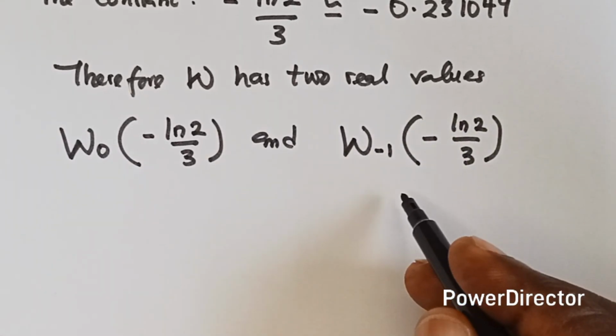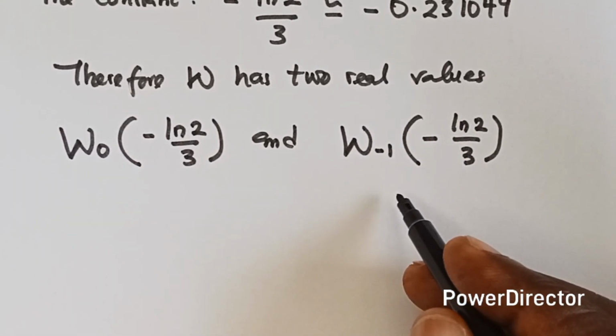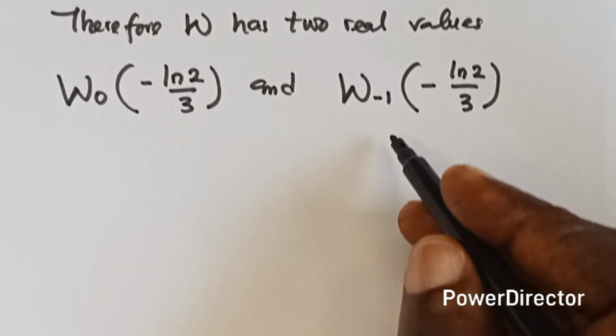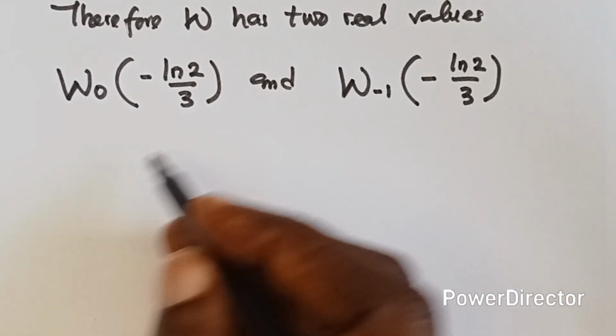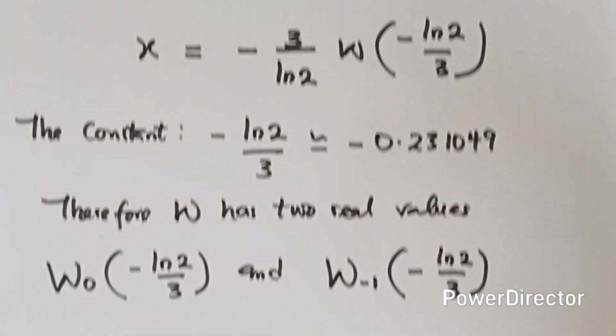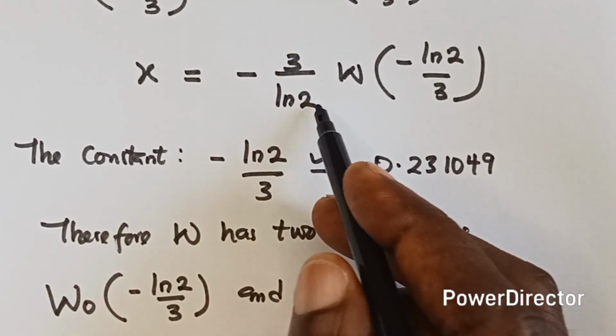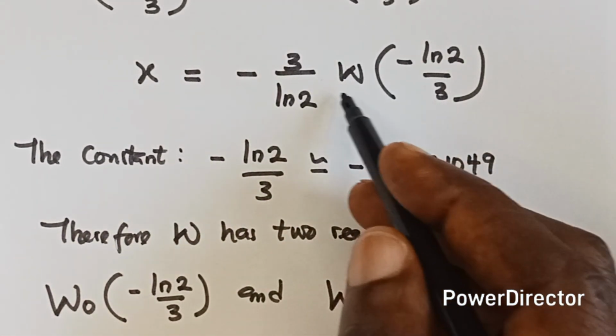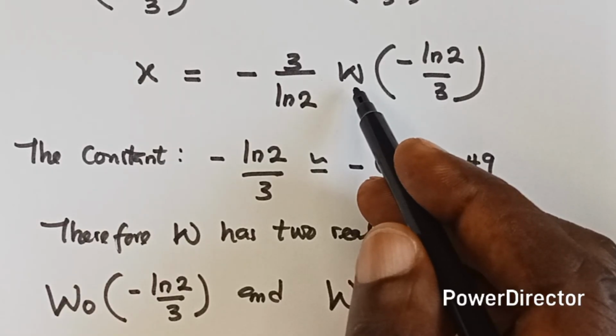Okay, so these are the two real values of W. Then for us to get x, remember that we say that x is equal to this, but then we're having this to be either W0 or W minus 1.